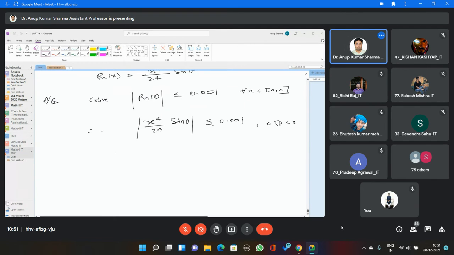So what we see from this term is, when we are taking the value, one more time writing x power 4 upon 24, this modulus value and sin of theta less than 0.01.